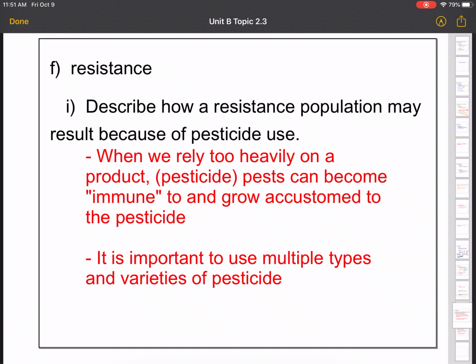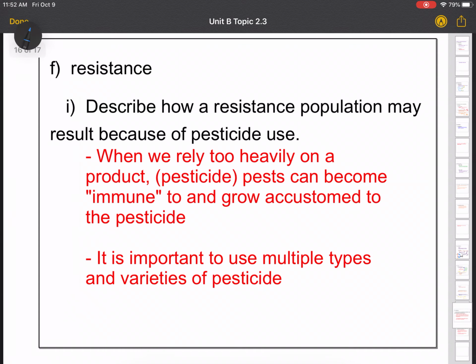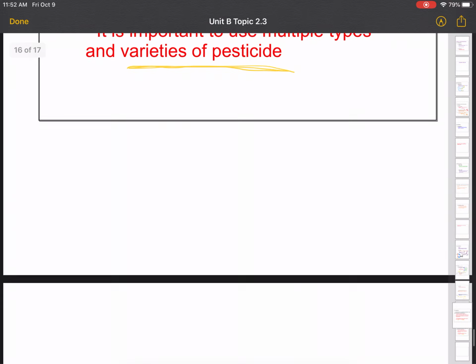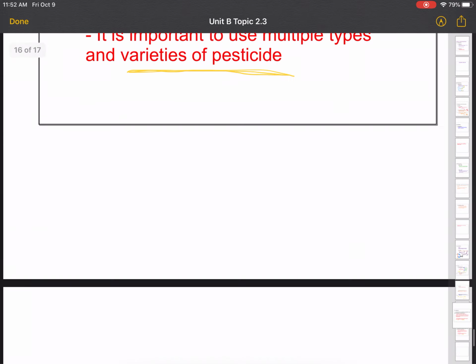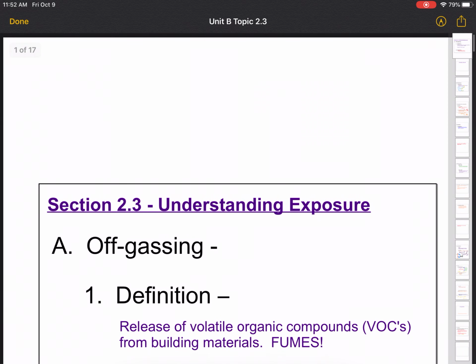We need to change up the amount of pesticides or the ones we use so that we don't create a resistance in our pests, and then it's going to make it even more difficult for us to get rid of them. Okay? So varieties of pesticides. Other than that, that's it. So that's just a bunch of terms that you should know what they mean.